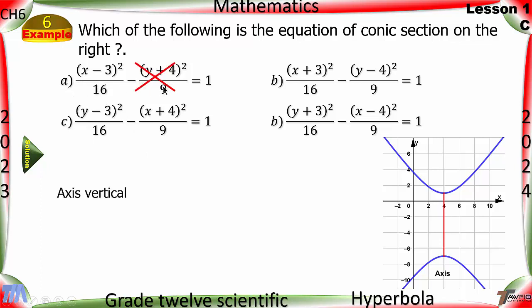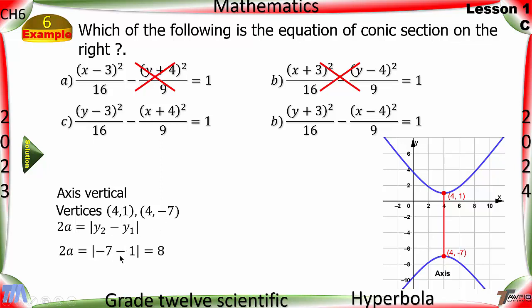A is not a correct answer because y squared is negative, and here y is negative too. So A and B are not the equation of this hyperbola. Now we have two vertices, (4, 1) and (4, -7), and 2a equals y2 minus y1, that means the absolute value of -7 minus 1.